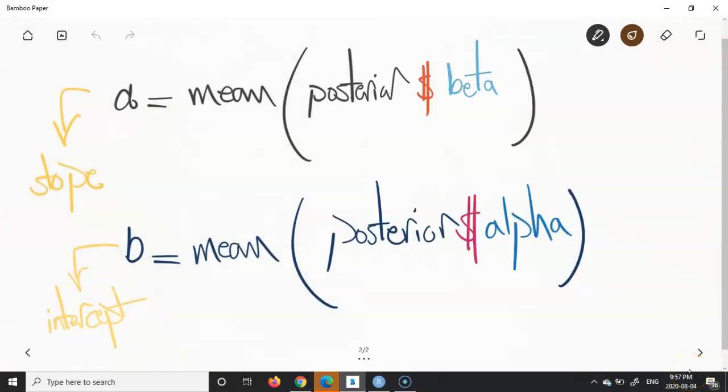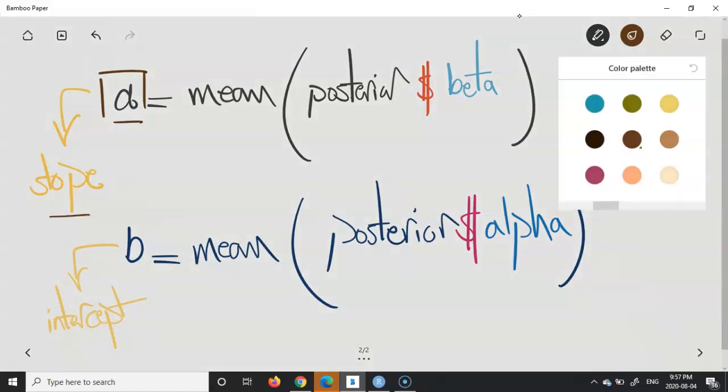As a result, in order to find the best estimates for the slope, we extract the posteriors and the distribution which defines, for example, my slope. For example, it can be beta. When we go to the practical things in action, you will see what it means: we take the mean.